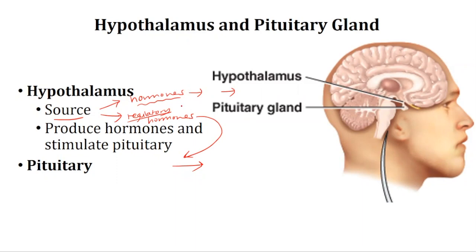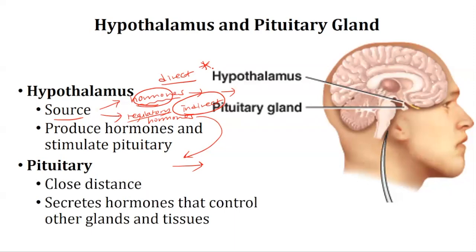This is more of an indirect way of hypothalamus acting on pituitary gland, whereas the hormones produced by hypothalamus that go directly into pituitary gland and on to other target organs can be seen as a more direct way in which hypothalamus has an effect on target organs. It doesn't depend on the function of pituitary; rather pituitary is like a midpoint where these hormones just pass through to get to other target organs.